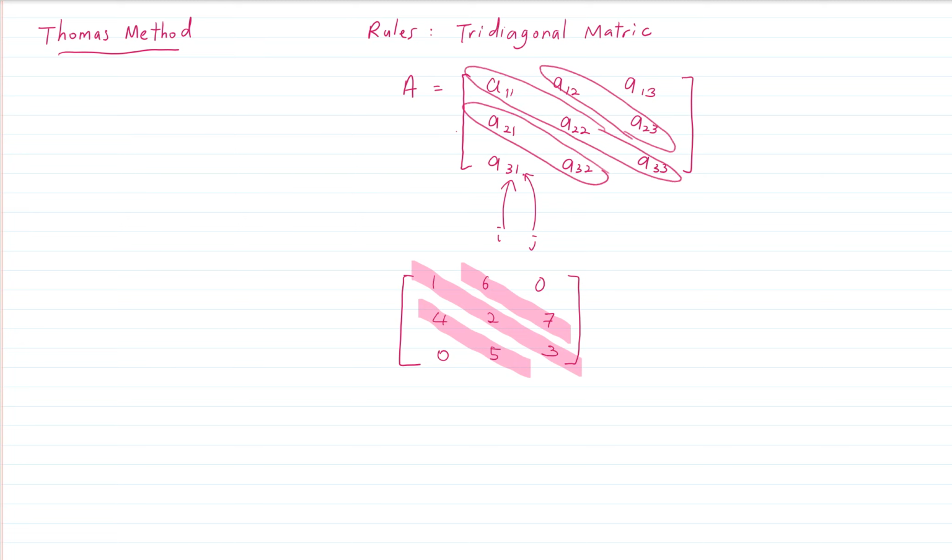Okay, if the matrix does not fulfill these rules, we cannot solve using the Thomas method. Let's say the matrix is a 4 times 4 matrix. You can also refer to the textbook example at the bottom.